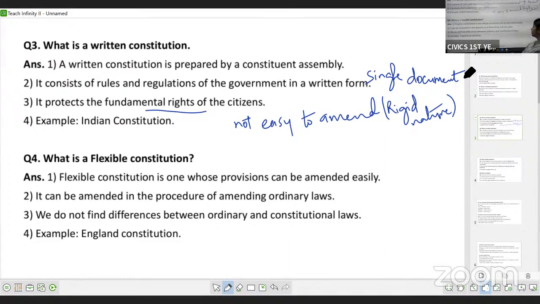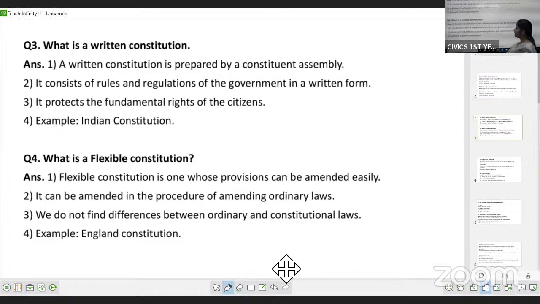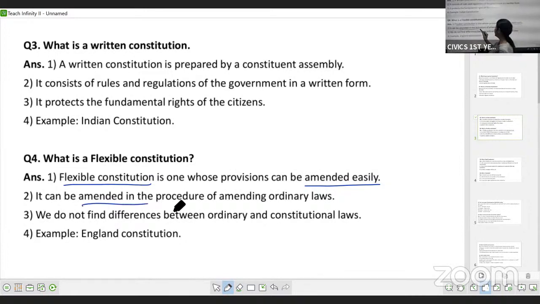Let us move to the next question. What is a flexible constitution? Flexible means can be changed easily. The constitution whose provisions can be changed easily is a flexible constitution. It can be amended in the procedure of amending ordinary laws. How do we change ordinary laws?